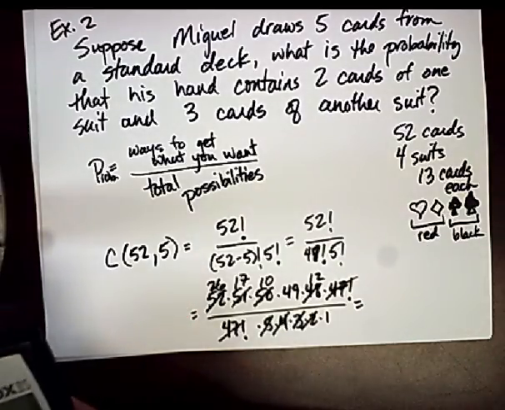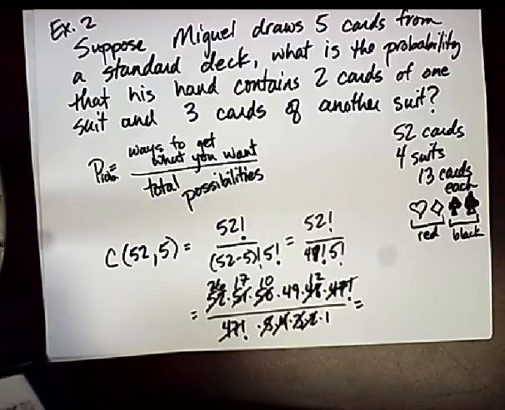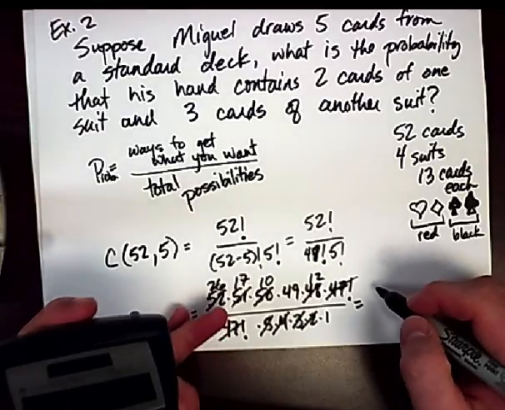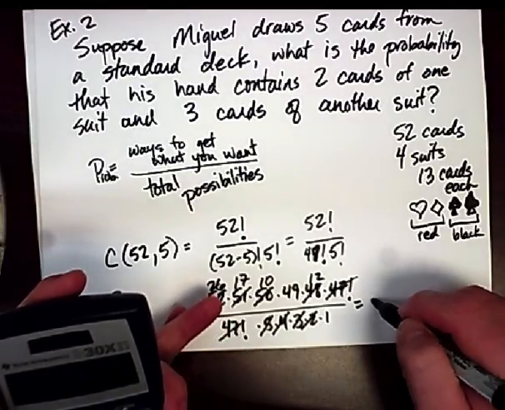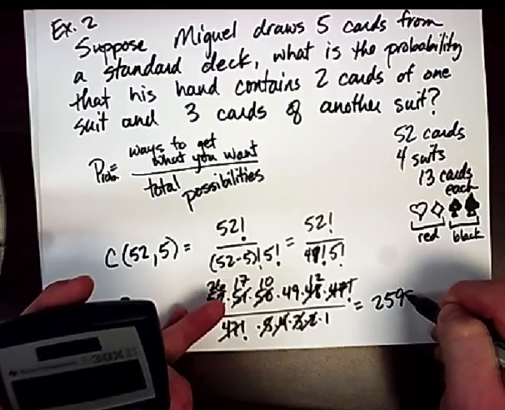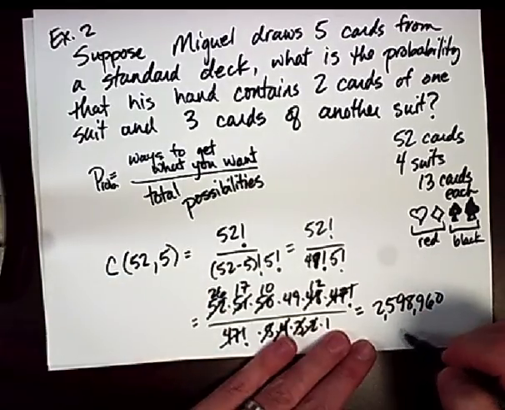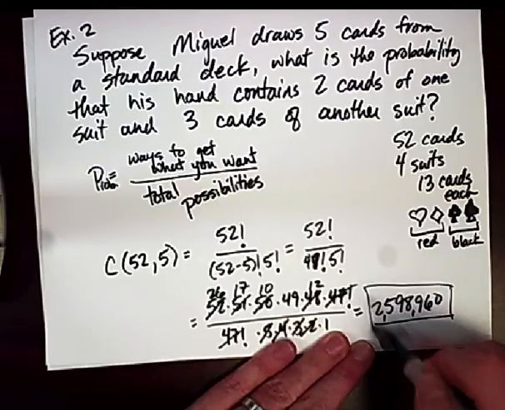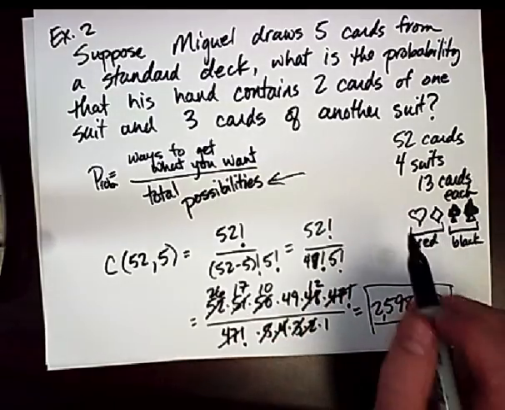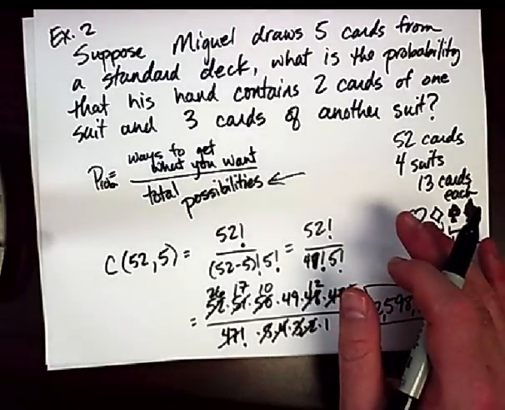Let me grab my calculator. 26 times 17 times 10 times 49 times 12. That is 2,598,960. So that's how many 5-card hands there are. So that's how many total possibilities there are. Okay?